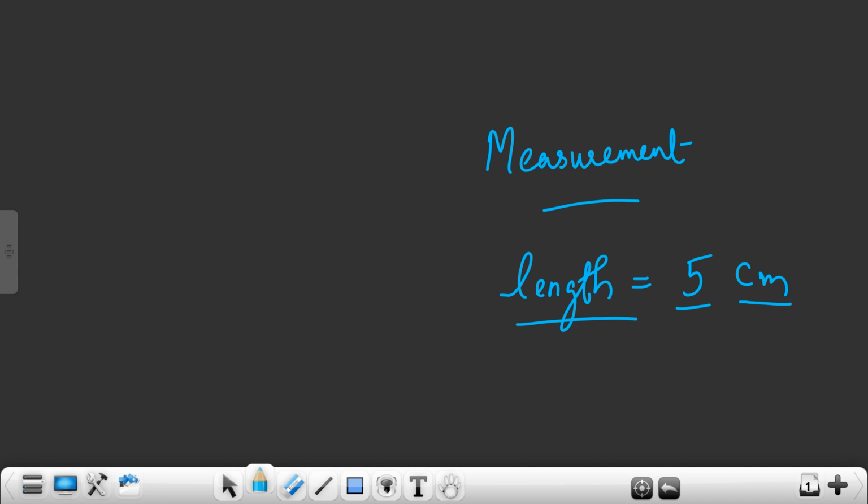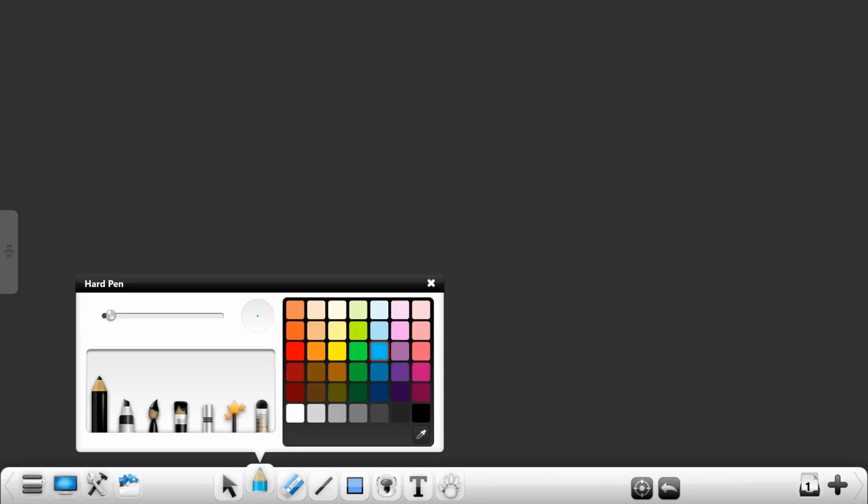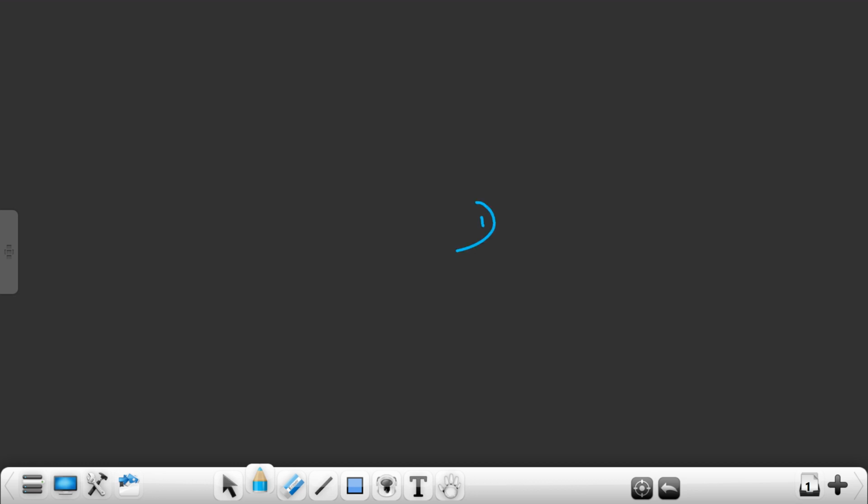Now we are going to discuss the choice of a unit. To measure a physical quantity we need a unit, and the unit chosen should have the following properties. First, the unit should be of convenient size, so that we can measure a physical quantity.